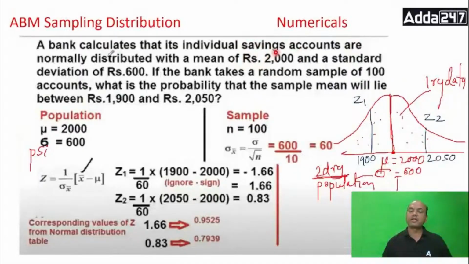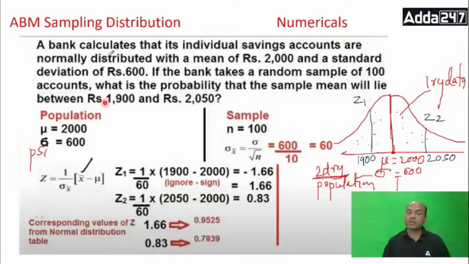This is the population mean, mu. Standard deviation is 600, so this is sigma, 600. If the bank takes a random sample of 100, so 100 is what now? Small n. Kindly note, it is not capital N. What is the probability that the sample mean will lie between 1900 and 2050?